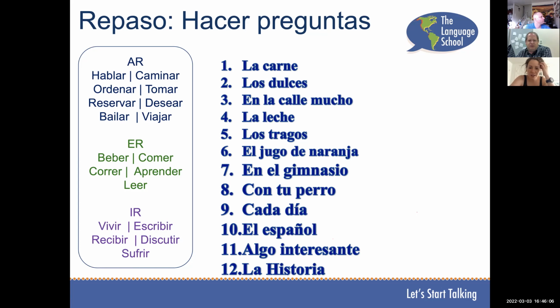Sí, escribo cada día. Wait, let me make sure of this. ¿Tú hablas el español? Sí, hablo el español un poco.